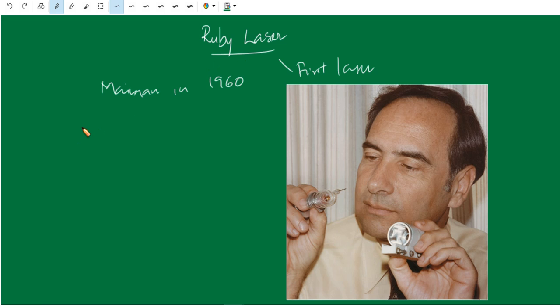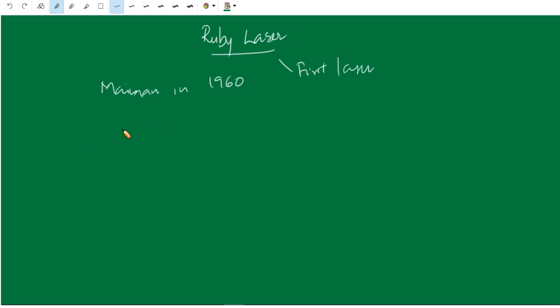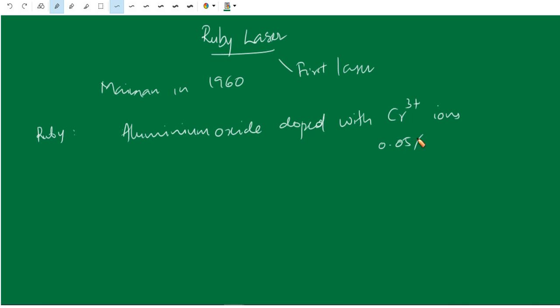The active medium in the ruby laser is aluminum oxide doped with chromium ions. So this was the active medium used in this ruby laser. The chromium concentration was about 0.05 percent.